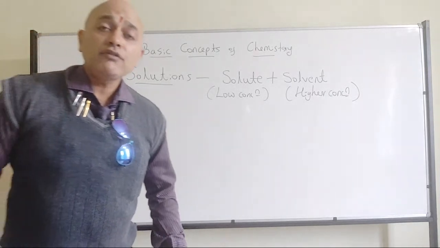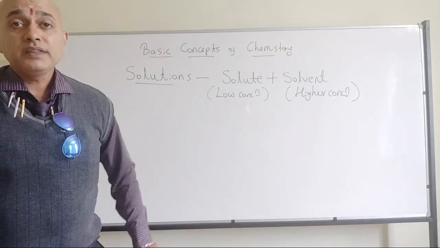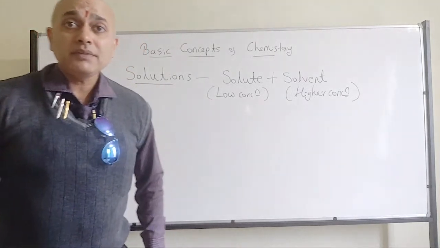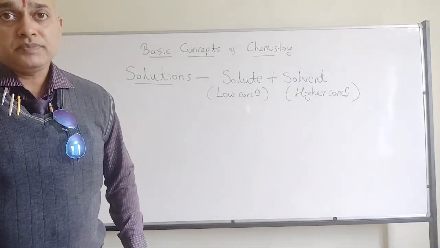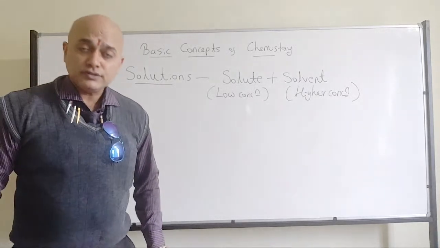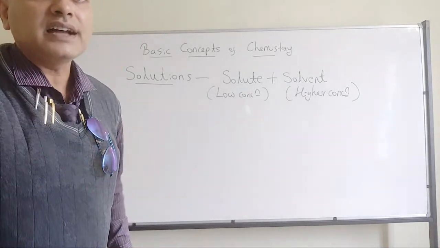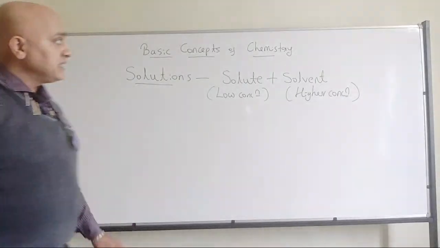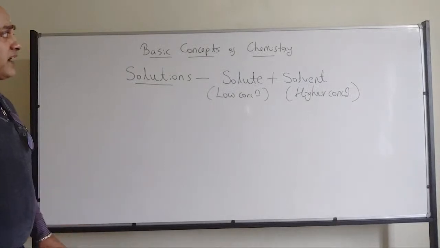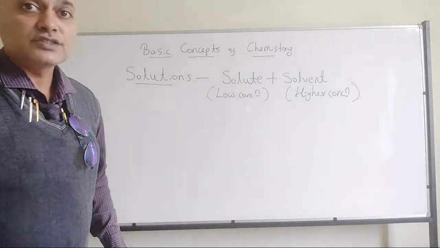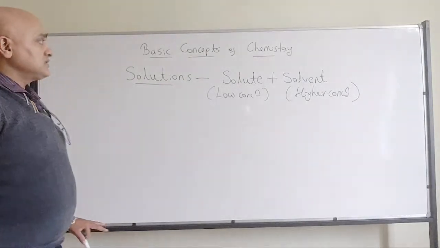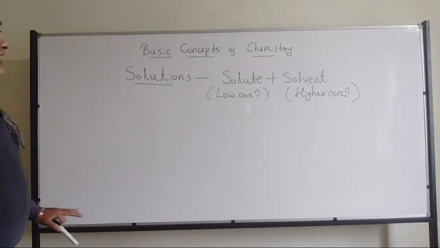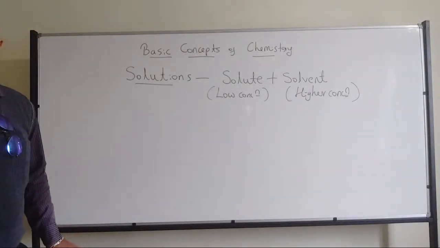If I add sugar to water, I get a sugar solution, where sugar acts as the solute and water acts as the solvent. So solvent will be of higher concentration and solute will be of low concentration.